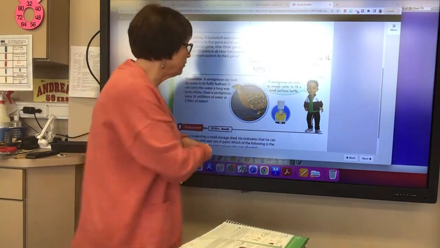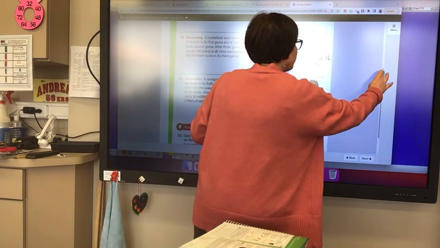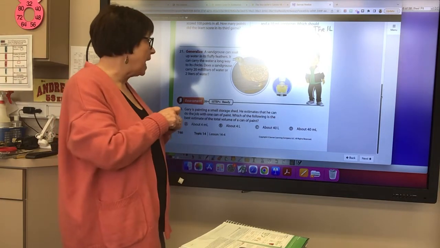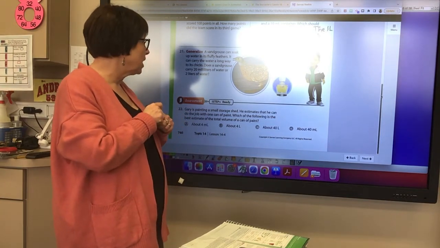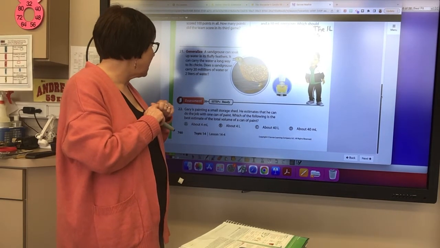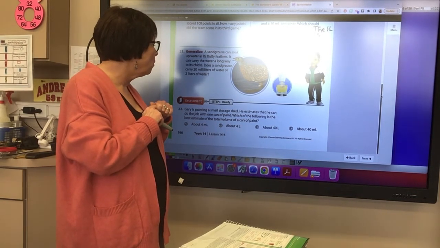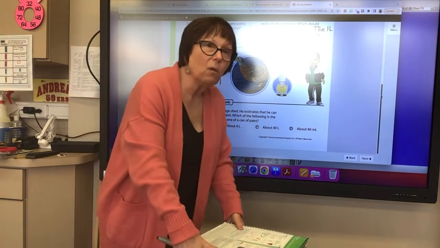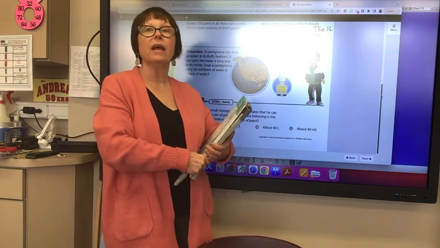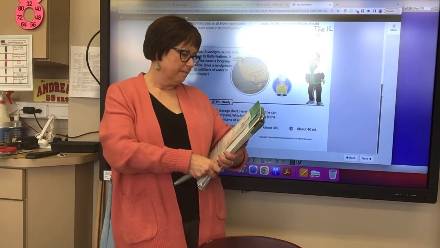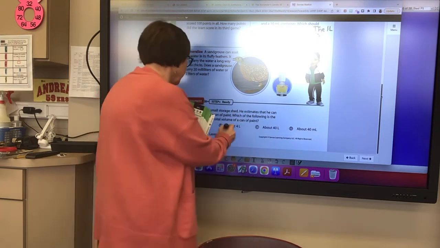Okay, now number 22. Gary is painting a small storage shed. He estimates that he can do the job with 1 can of paint. Which of the following is the best estimate of the total volume of a can of paint? So, how much paint does Gary have? About 4 liters.